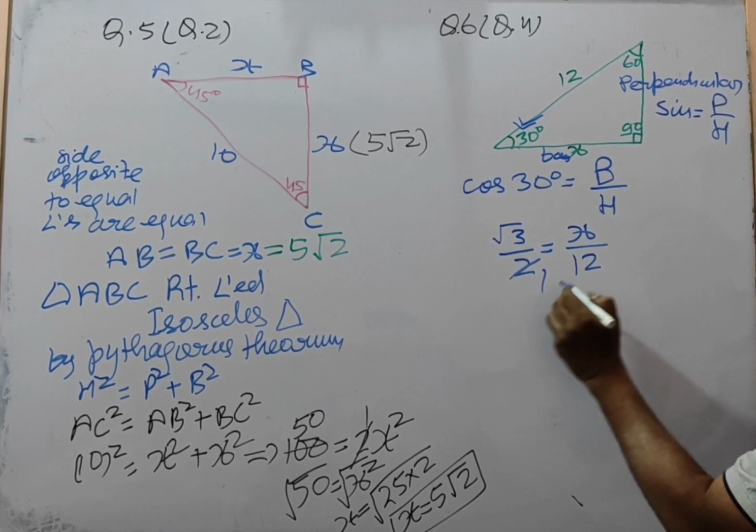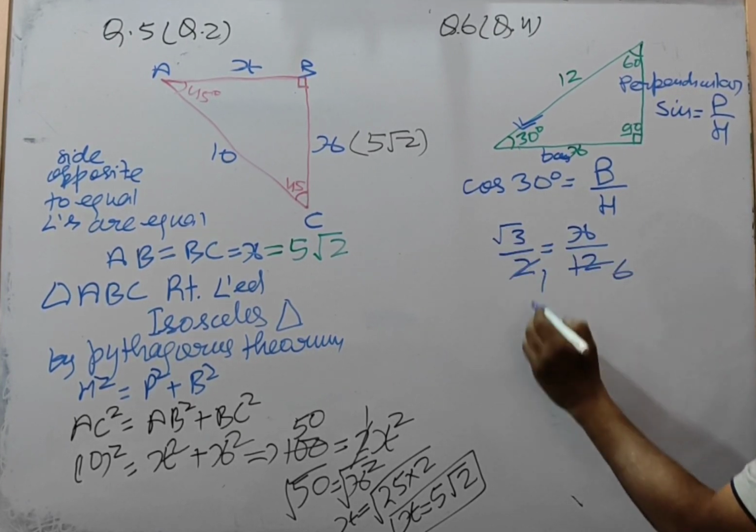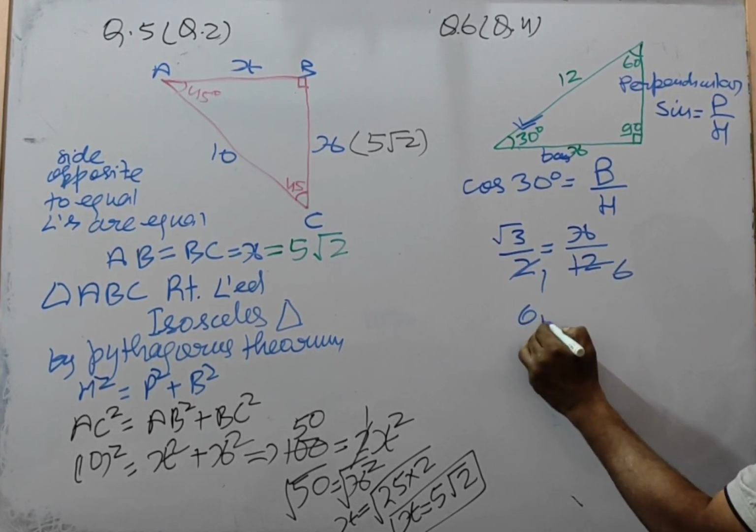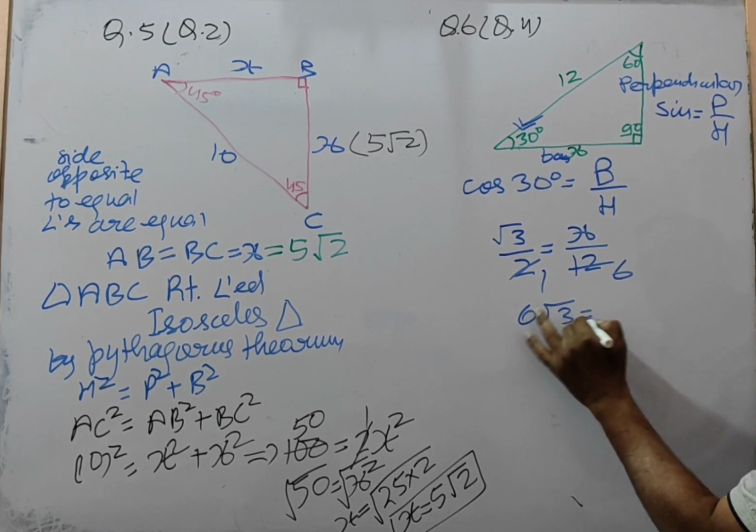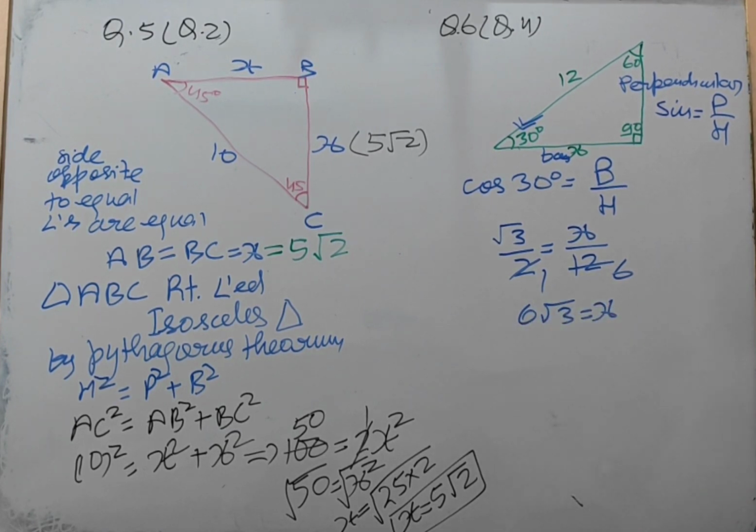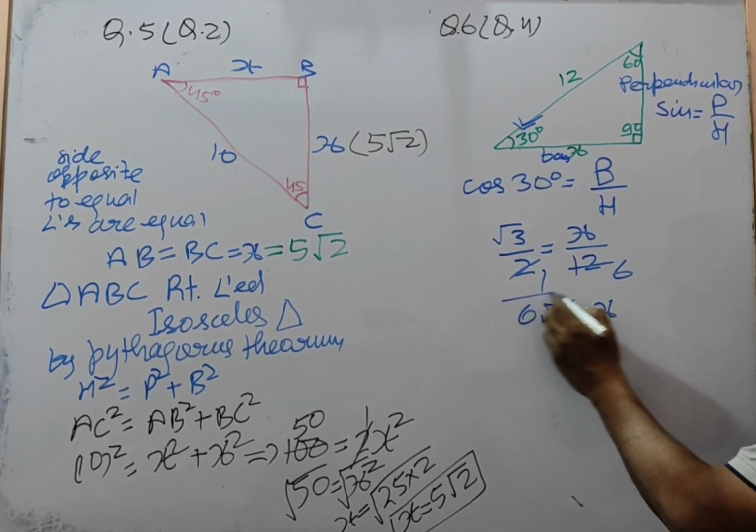So 2 1 are 2, 2 6 are 12. Cross multiplied, 6 root 3 is equal to x.